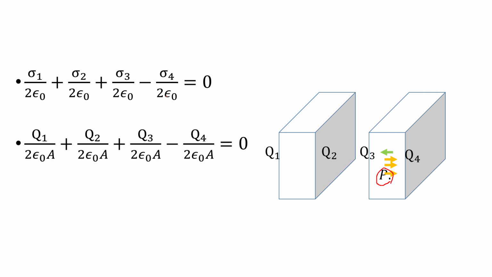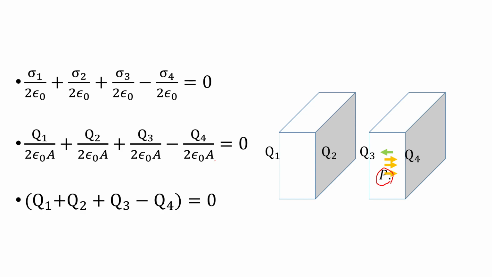If we substitute the value of sigma 1 as q1 by a, likewise q2 by a for sigma 2, q3 by a for sigma 3 and q4 by a for sigma 4, we get this result: q1 by 2 epsilon naught a plus q2 by 2 epsilon naught a plus q3 by 2 epsilon naught a minus q4 by 2 epsilon naught a equals 0. Sorry, by mistake I said sigma, it is q1.